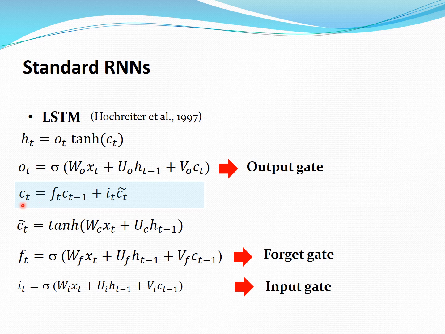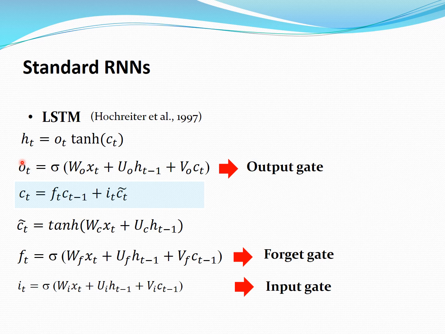Because our state C can be stored and changed for an arbitrary number of time steps. In fact, if the forget gate is 1 and the input gate is 0, we can store C for an arbitrary number of time steps. And in this way, our model can potentially learn long-term dependencies.